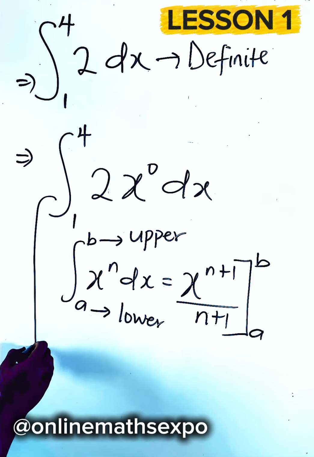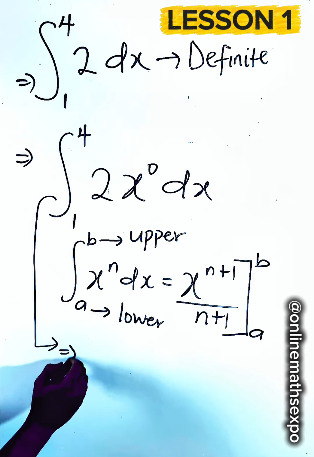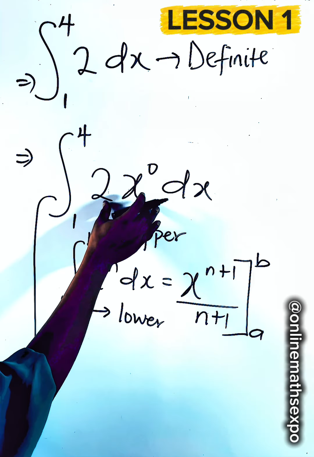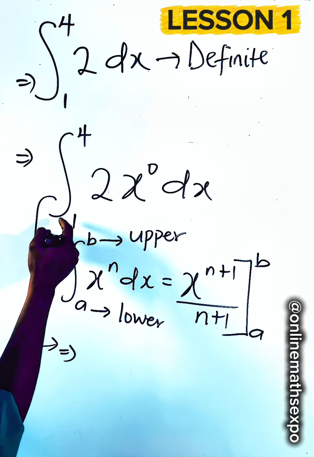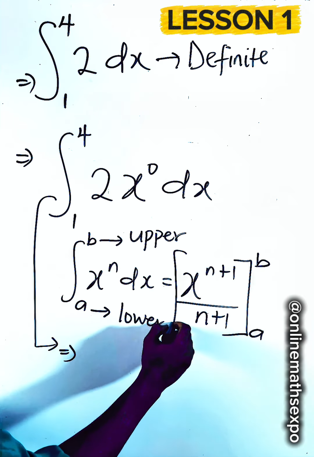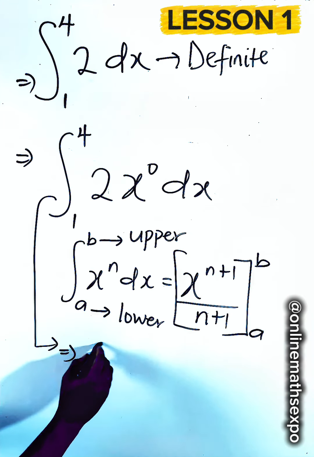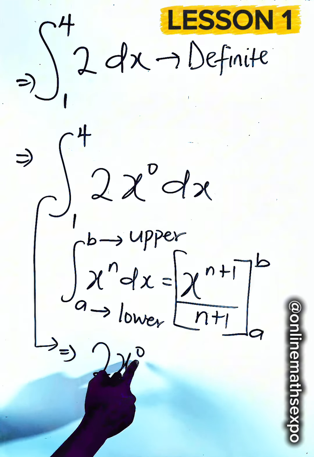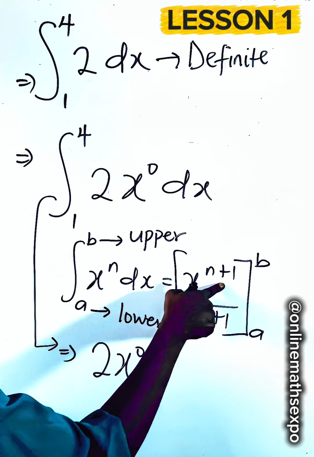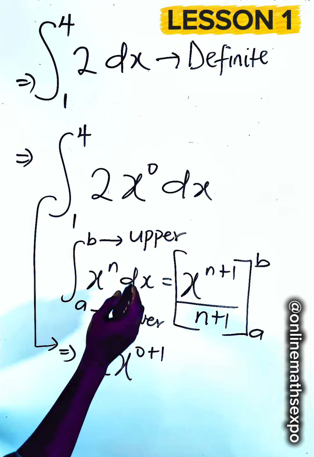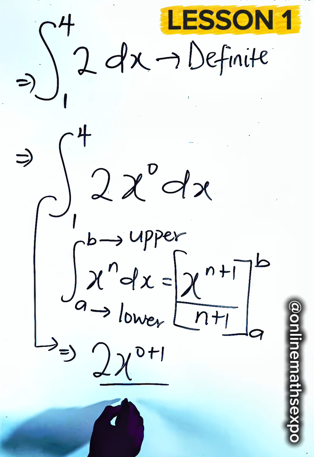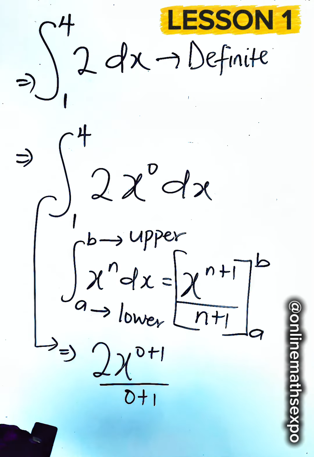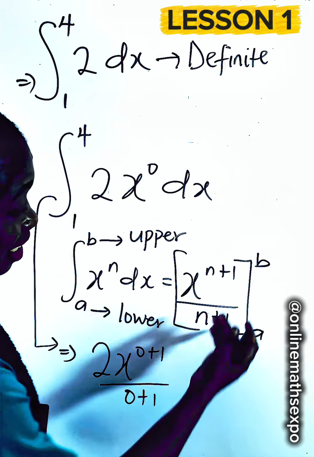So from this end, we are going to integrate this. Remember, for integrating, you remove the integral sign, just like what we have here. So we have 2x to the power of 0, increase the power by 1, so we add 1, then divide by the power, which is 0 plus 1. Did you observe that we did not introduce constants here?